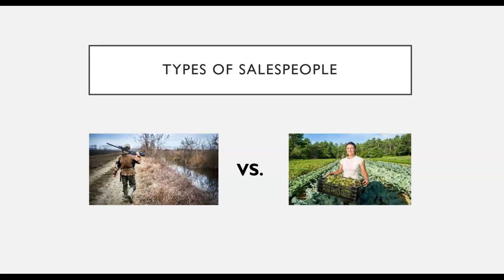So, in some firms or companies, you have two distinct roles. You may have new business development. So, if you have a new business development manager, that would be a hunter type role. If you have a relationship development manager, that would probably be a farmer role.